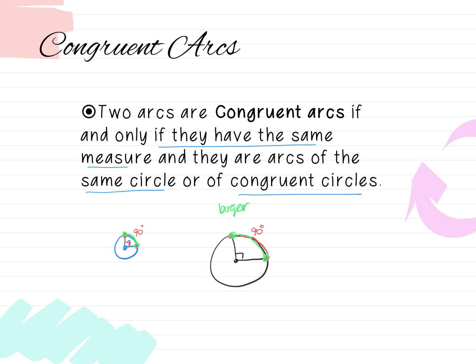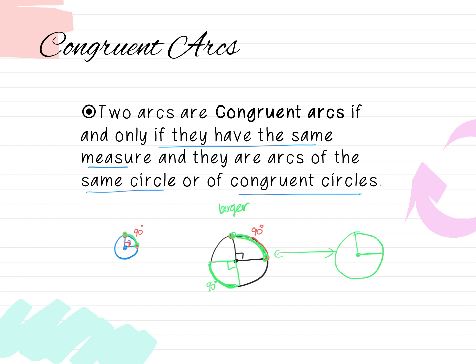So the only way that arcs are congruent is if they're either on the same circle with the same size, like in other words, here's another 90 degree. Well, this arc here is going to be the same size as the other one because it's the same circle. Or if I happen to have it on another circle that is exactly the same size, okay?